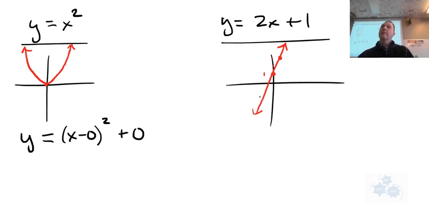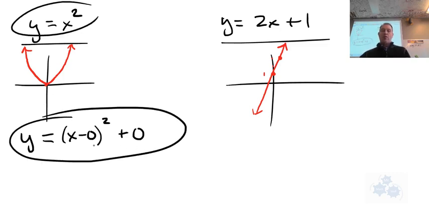Does everyone see that? So I haven't shifted this over at all. This is the same as this, written in our format. The function is x squared. Where's x squared here? Well, it's right here. That's our main function. It's hidden in there somewhere.